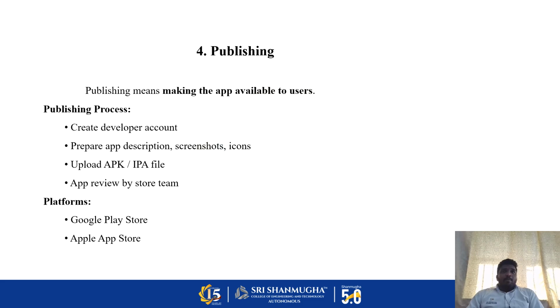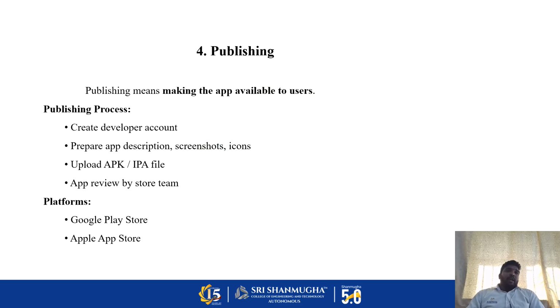Create a developer account. The developer must register in the App Store or Google Play. Prepare app details. This includes app name, description, screenshots, and app icon. Next, upload the app file, APK or AAB for Android, IPA for iOS.